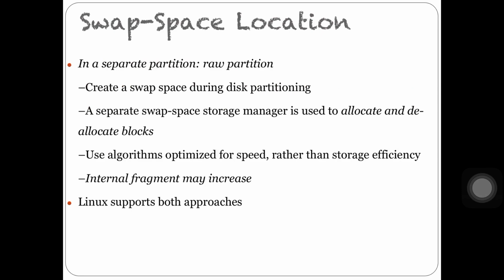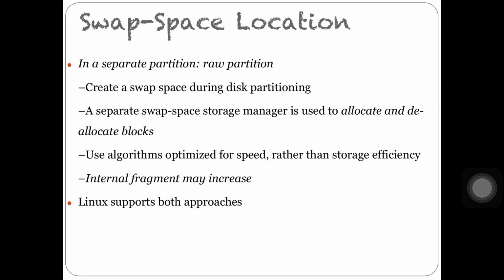Here the internal fragmentation may increase, which is acceptable because the data in the swap space generally lives for a much shorter amount of time than files in the file system. The swap area may be accessed much more frequently, so you don't want to require much time to access it. This approach creates a fixed amount of swap space during disk partitioning.